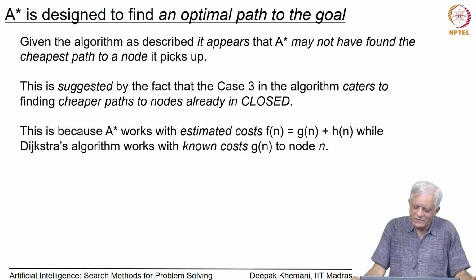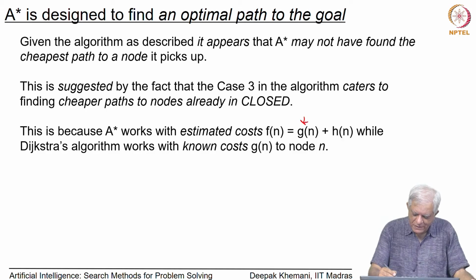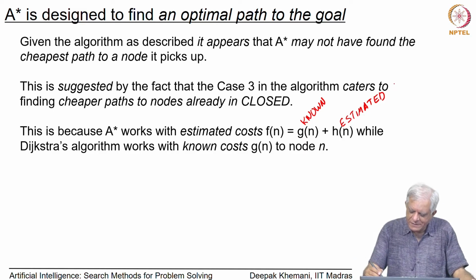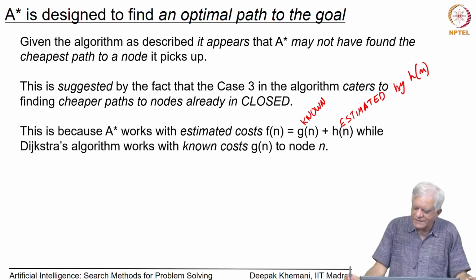Therefore, f of n was estimated as the sum of g of n plus h of n, where g of n was known and h of n was estimated by the heuristic function. So, it was an estimated cost, the distance to the goal essentially.